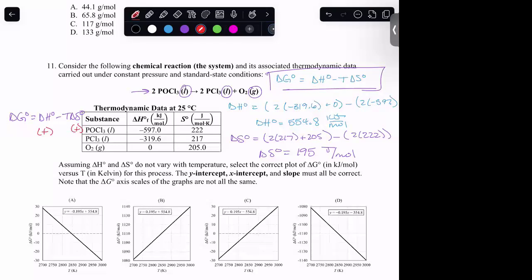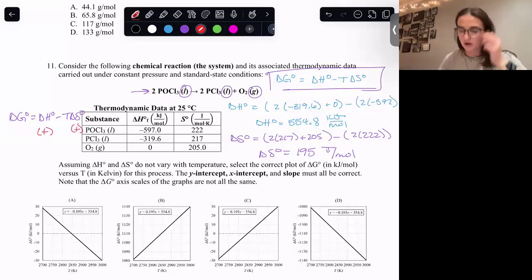Would it be spontaneous when delta G is less than 0? Yep, it's going to be spontaneous when delta G is less than 0.